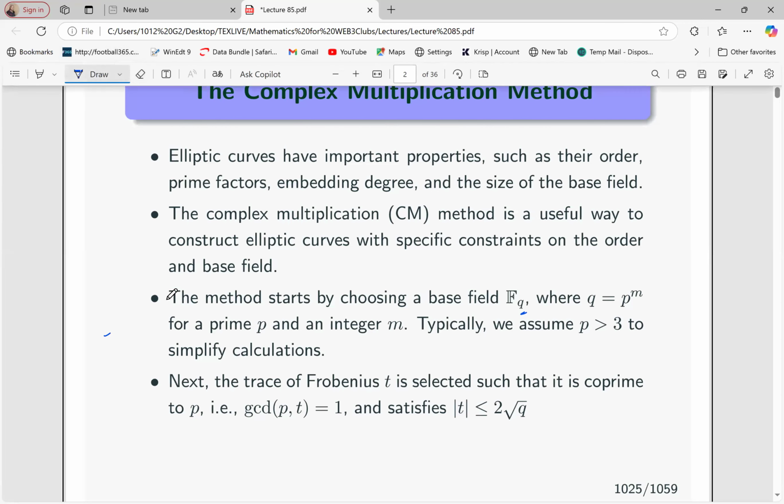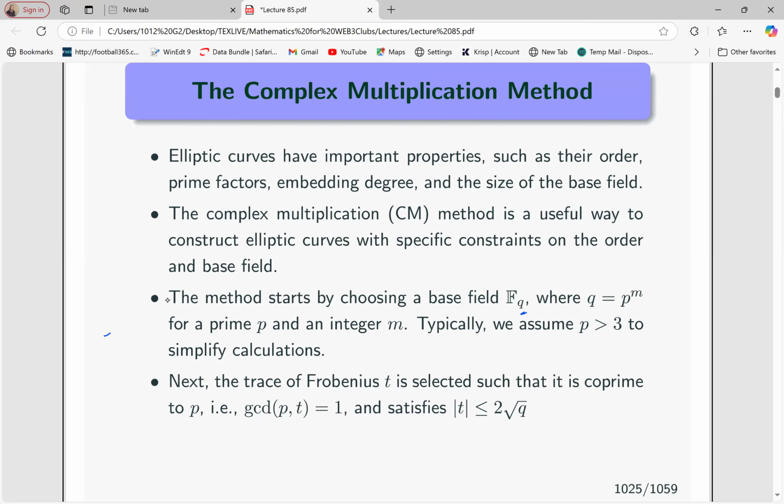Now, after choosing the base field, choosing Q properly as we just explained, you now want to calculate the trace, the way we did last time.